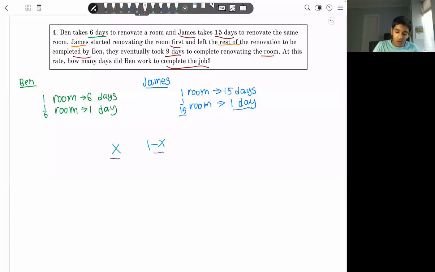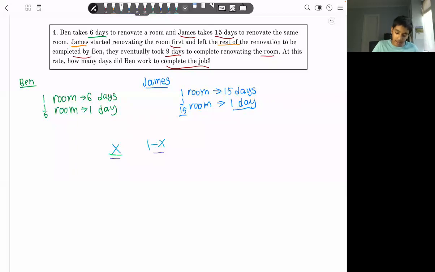So if he can do a fraction X of the room, and he can do 1/15 of a room every day, how long will it take James to do a fraction X of the room? So how long will it take to do a fraction of the room, given that he can do 1/15 of a room in one day?